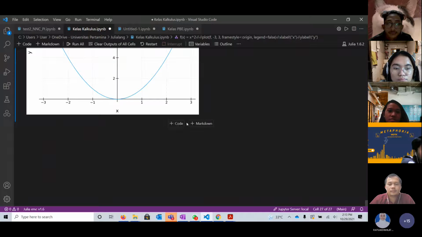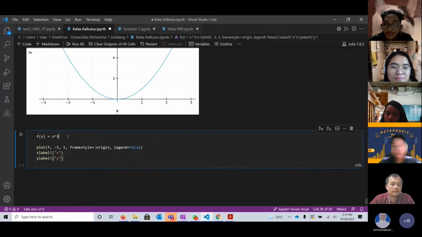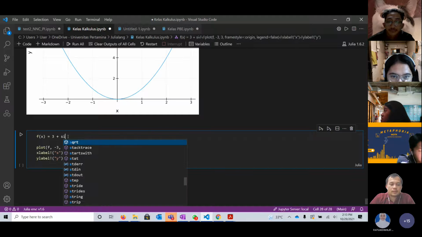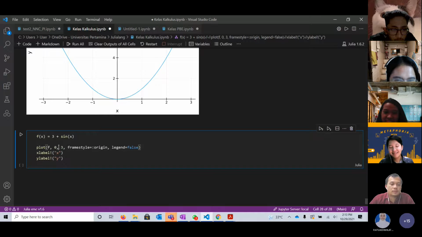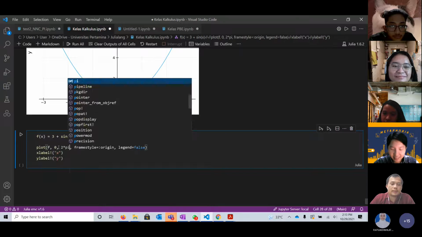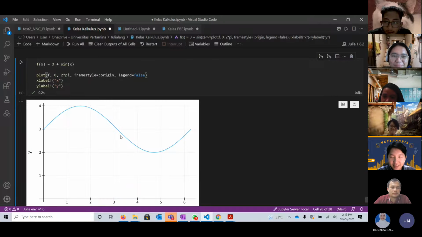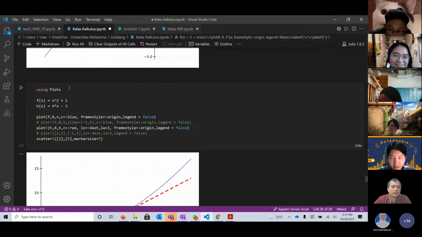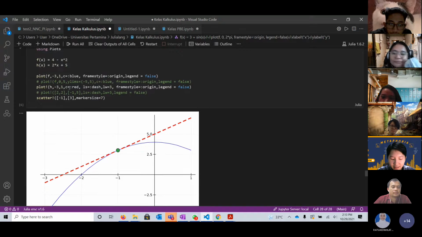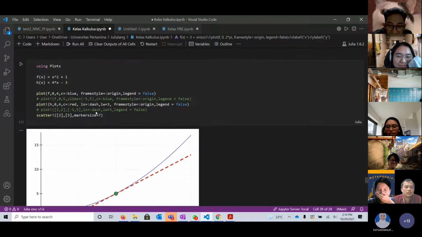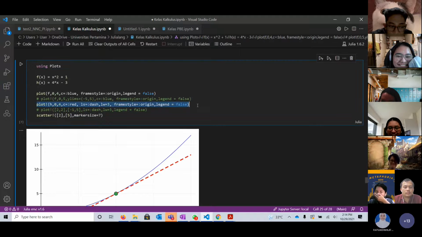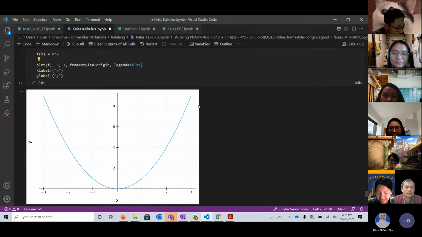So let's see this plot. 3 plus sine of x, and x is from 0 to 2 pi, and let me add a plot. Let me add another plot.